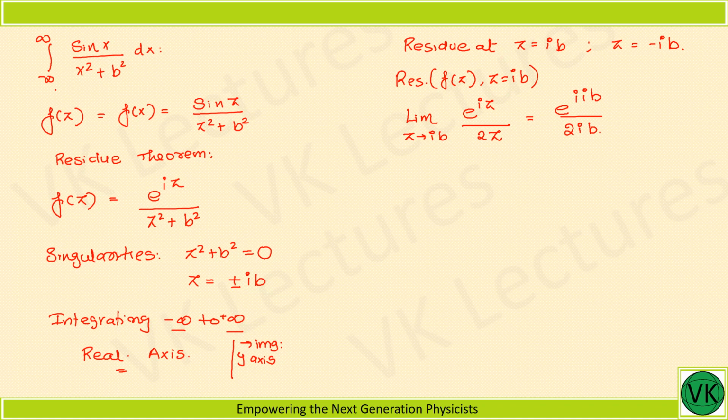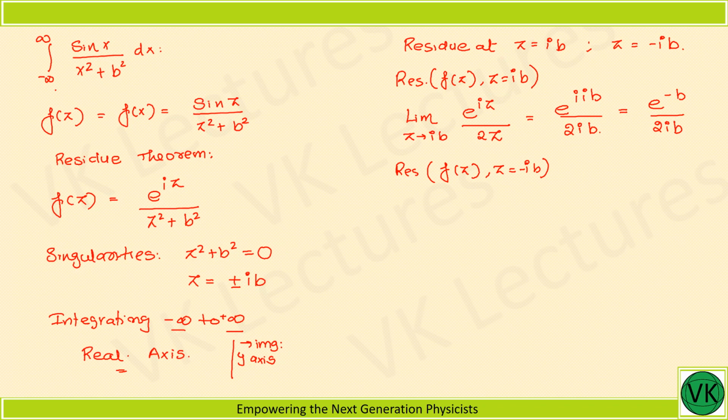We can write this as e to the power minus b divided by 2ib.